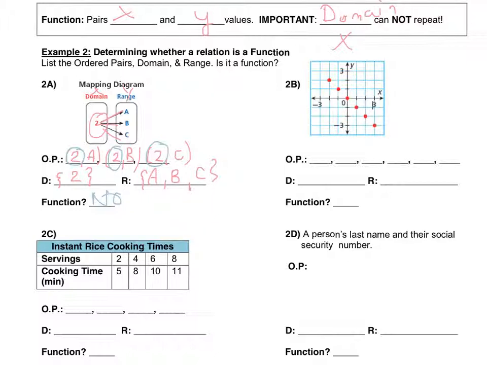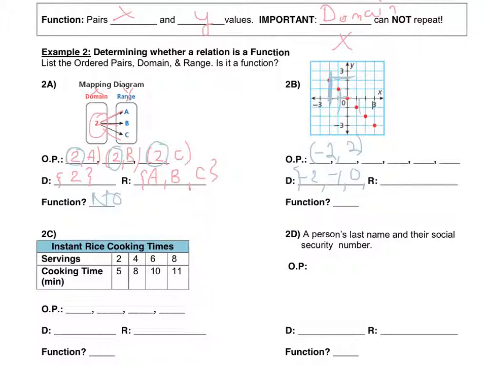When we look at 2b, you could list out all the ordered pairs. You would look at each dot to see how far back on the x-axis this is, -2, and then it's up 2. You could list each of those ordered pairs. The domain, I would look at all of the x values it sits on. So we know this dot is at -2. We know this dot's at -1. We know that dot's at 0.